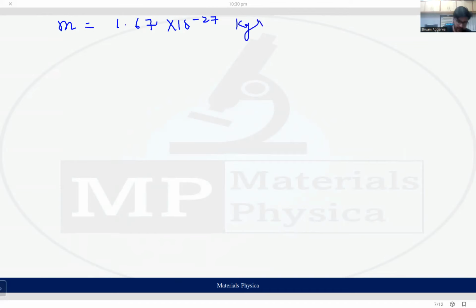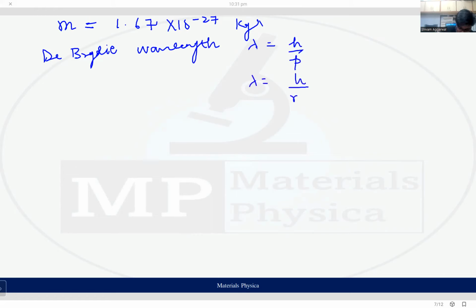We know the wavelength of this neutron, so we can calculate the value of v by the de Broglie wavelength relation. De Broglie wavelength is given by lambda is equal to h over p, or h over mv, and v is equal to h over m lambda.